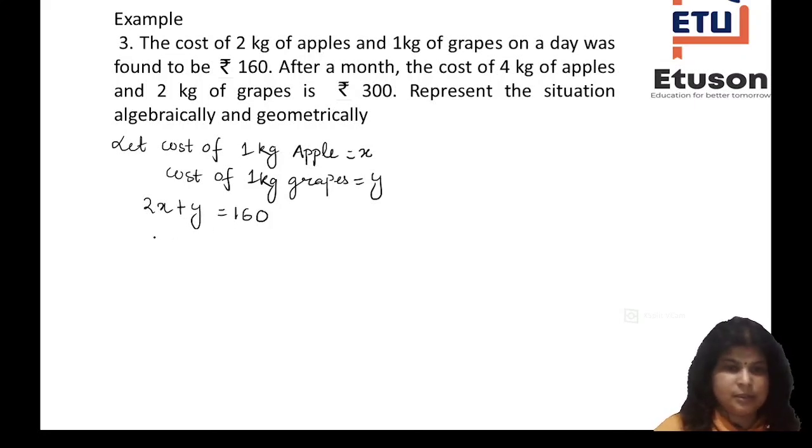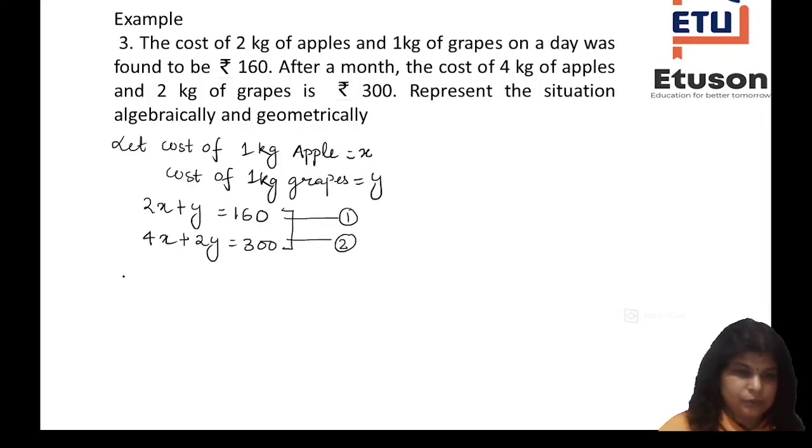Second condition, 4x + 2y = 300. So now we have represented it algebraically. So this is the pair of equations, this is your equation 1 and this is your equation 2. Now you take x and y values for equation 1 and equation 2 respectively.